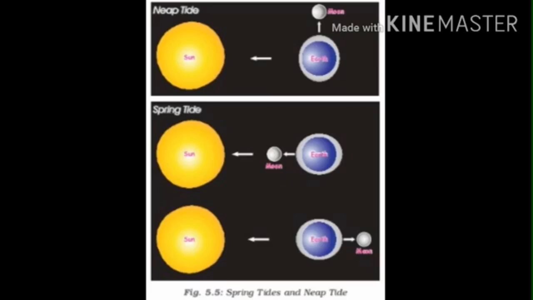Due to the gravitational pull of both moon and sun, high tides are formed. These tides are called spring tides.